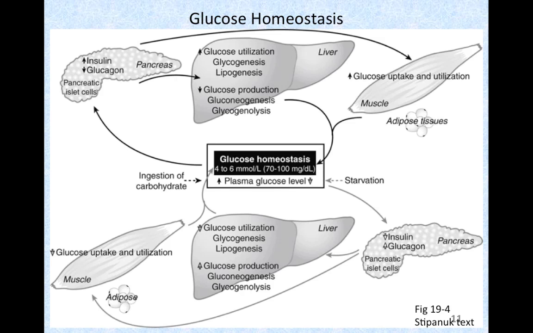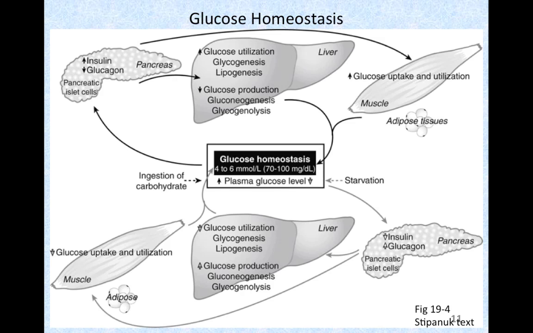When we consume carbohydrate, some of that glucose enters into the pancreas, and the islet cells metabolize it, and that would cause insulin secretion to go up, and it would decrease glucagon synthesis.